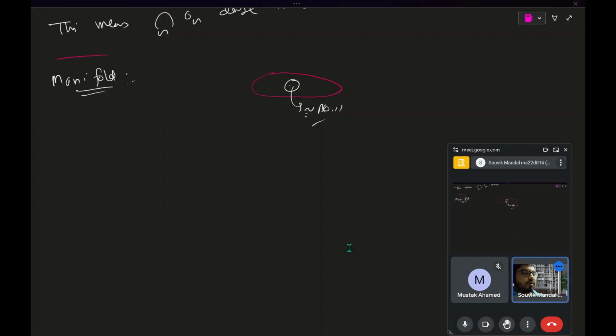Okay. So definition. Let X be a topological space.